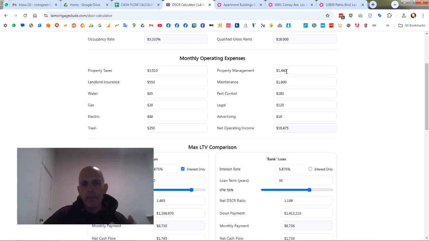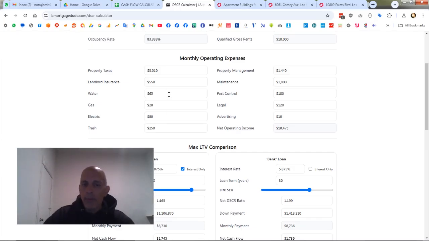Property management fees generally range from 5% to 10% of gross rents. And the fewer doors you have, the higher end of that spectrum it ends up being. The more doors you have, the lower end of that spectrum it ends up being.